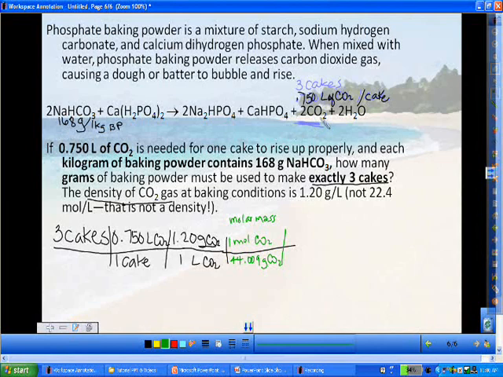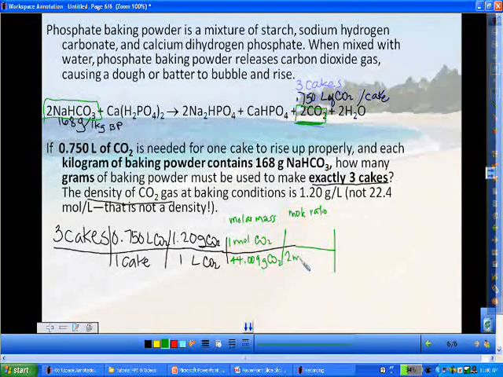Now we need to make the jump from moles of carbon dioxide to moles of sodium hydrogen carbonate. So we know that anytime we go from moles of one compound to moles of the other, we must use the mole ratio, and the mole ratio is going to come from the balanced equation. You have 2 moles of carbon dioxide to every 2 moles of sodium hydrogen carbonate.